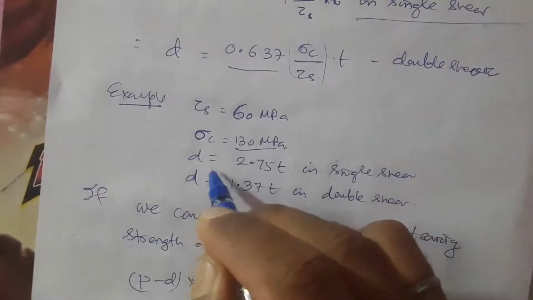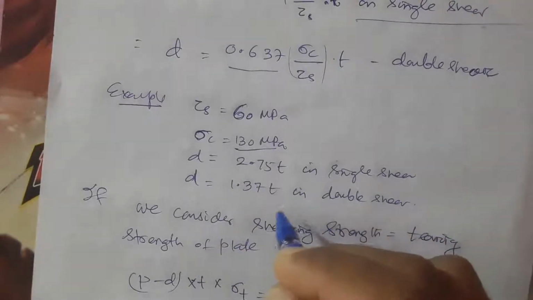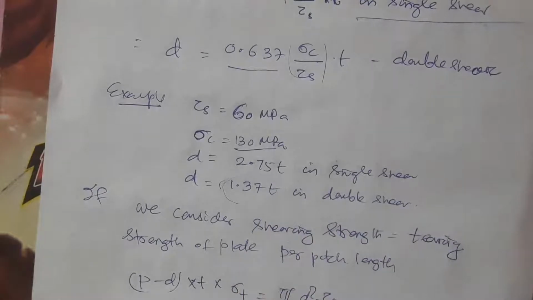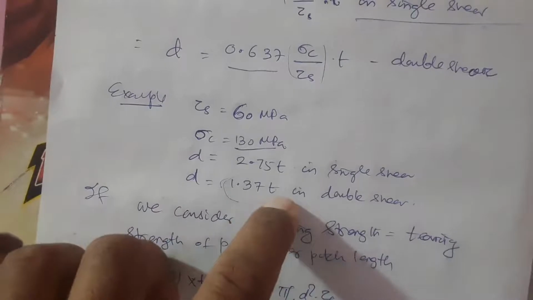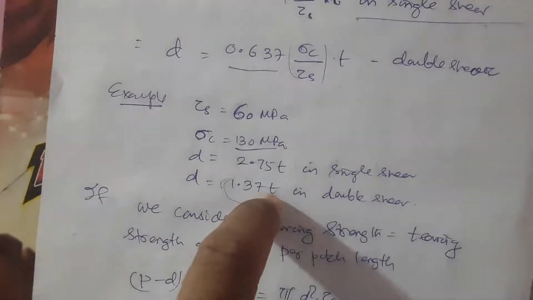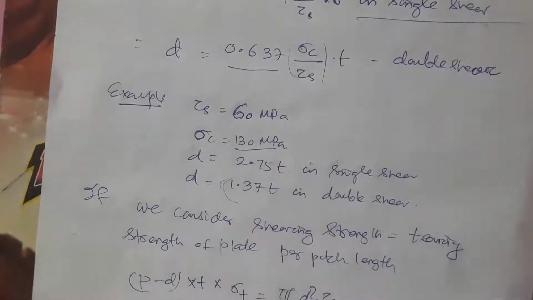That means for a double shear joint you should take a small diameter of rivet, because the diameter of the rivet is 1.37 times the thickness of the plate.